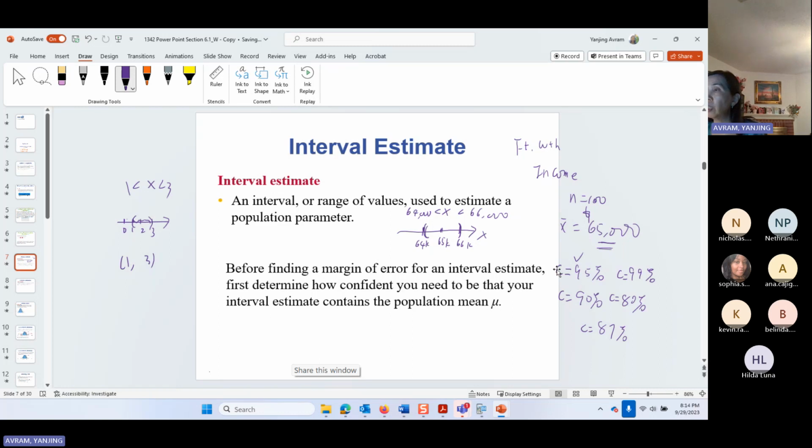So if I use C equal to 95%, and my interval is between 64,000 and 66,000, that means I have 95% confidence that the real, entire population household income will be inside this interval.